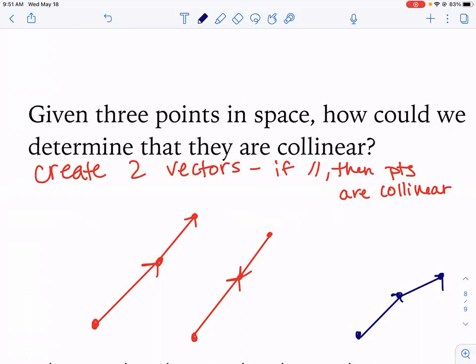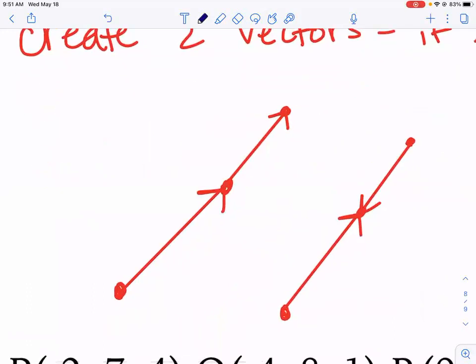Okay, how do we know if vectors are parallel? How do we know if they're going in the same or opposite direction?